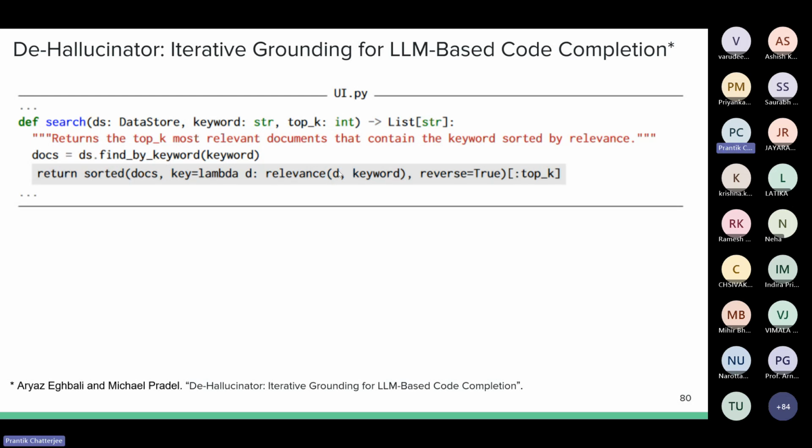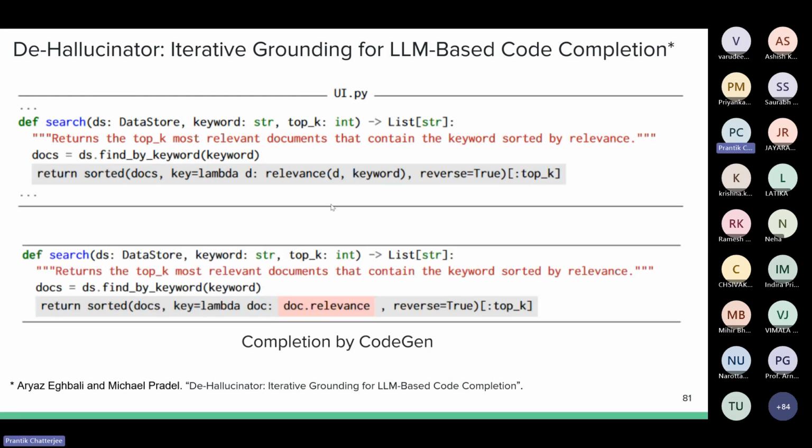This is the actual code which returns the sorted list. You see that there is this relevance function, which is implemented in this Python library, being called to find out the score of this document corresponding to this keyword. Now, if you use an LLM to try to complete this code, you only provide the snippet of code before the gray line, and you ask the LLM to complete the search function.